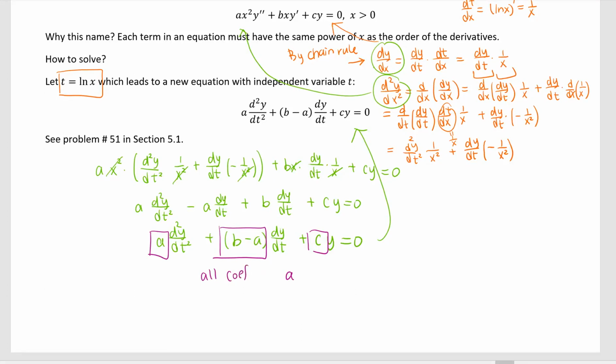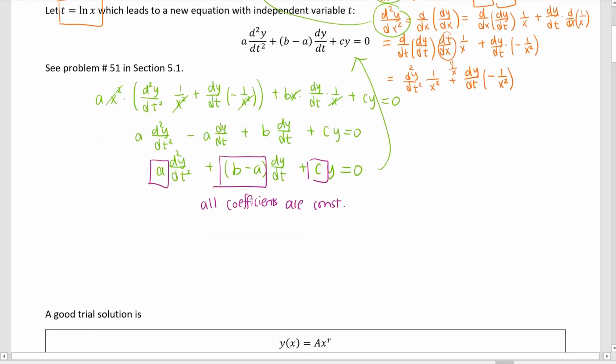All coefficient functions are constant. And then we can use the method we learned last time, how to solve a second-order linear ODE with constant coefficients.